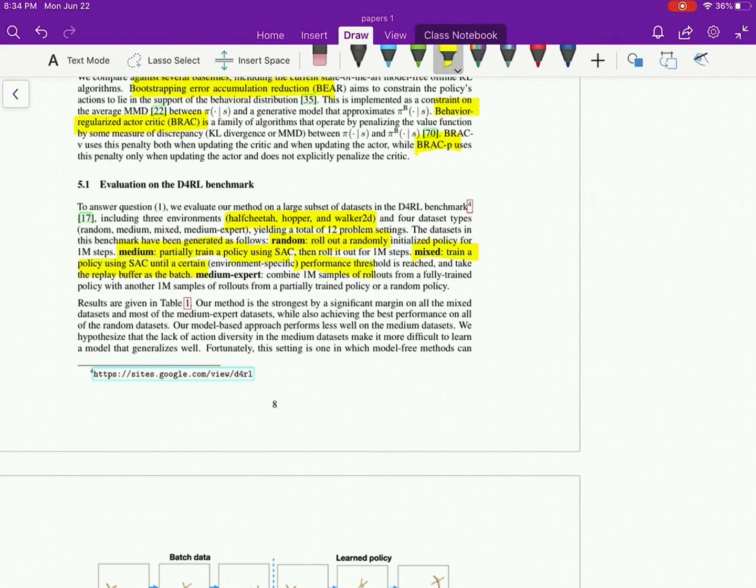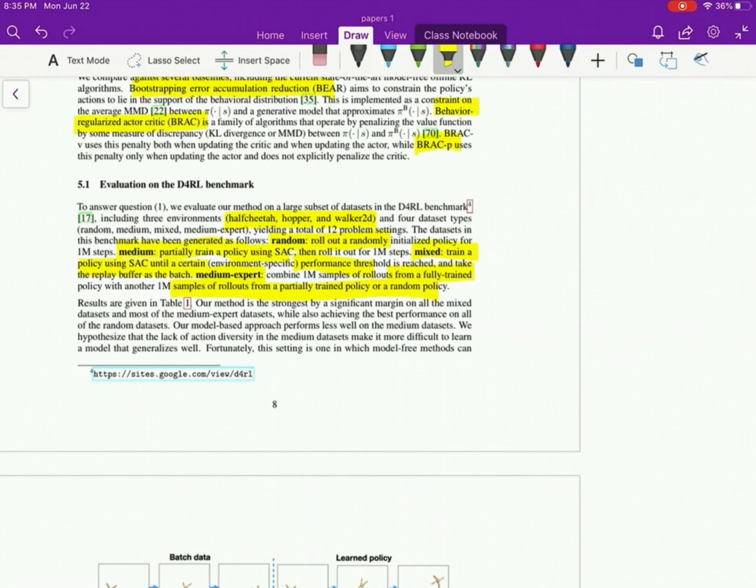Medium-expert combines medium and expert data, fully trained and partially trained policies.